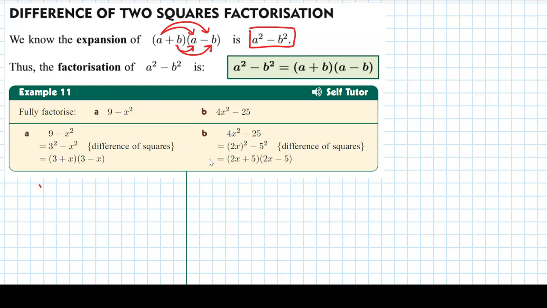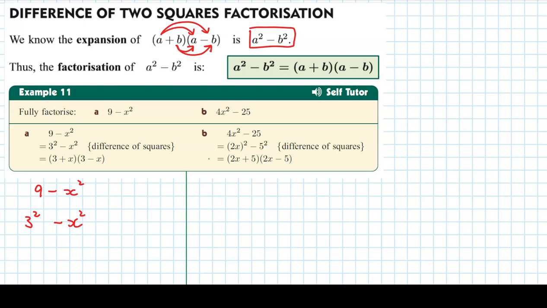And I'm just going to start by writing the actual question as always. And we know that 9 is 3 squared minus x squared. So now we've got it in this format, a squared take b squared, where a is the 3 and b is the x.